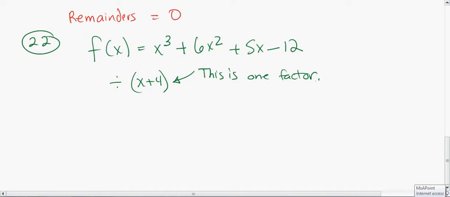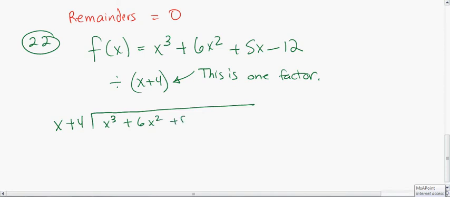So let's do our long division process. Long division starts off by writing what you're dividing by on the outside of the box and what you're dividing into inside the box. So I've got x plus 4 on the outside, x cubed plus 6x squared plus 5x on the inside.